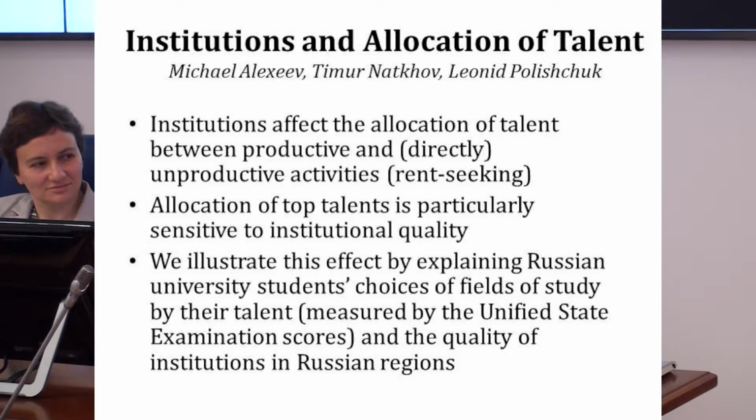So let me, very briefly, talk about the first of the above-mentioned projects, which is on institutions and allocation of talent. As we all know, institutions matter for the allocation of talent. The common story is that good, strong institutions increase rewards to productive activities, whereas poor institutions increase rewards and returns to unproductive activities, aka rent-seeking.